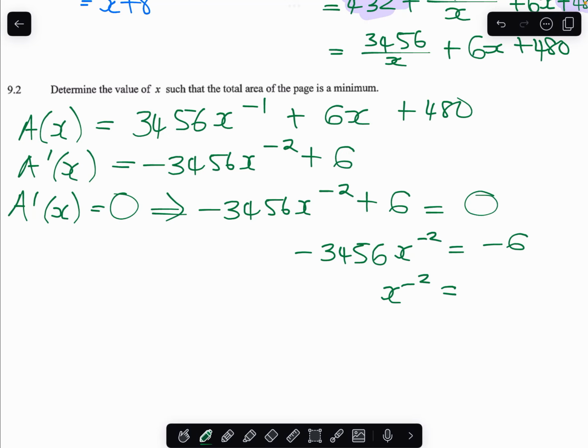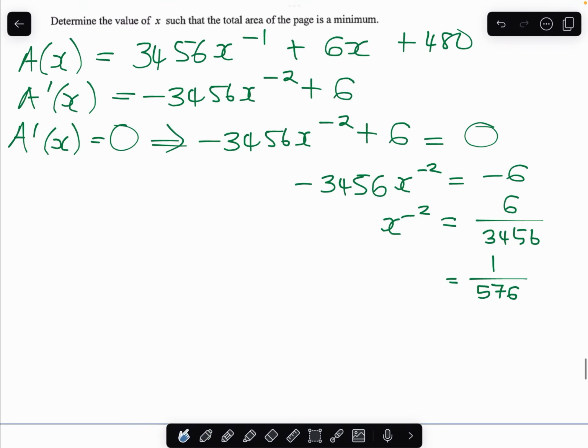So this will become just 6 over 3456, which is the same as 1 over 576, right? And so this is the same as x to the minus 1 raised to the power of 2, and this is also the same as 1 over 24 raised to the power of 2.